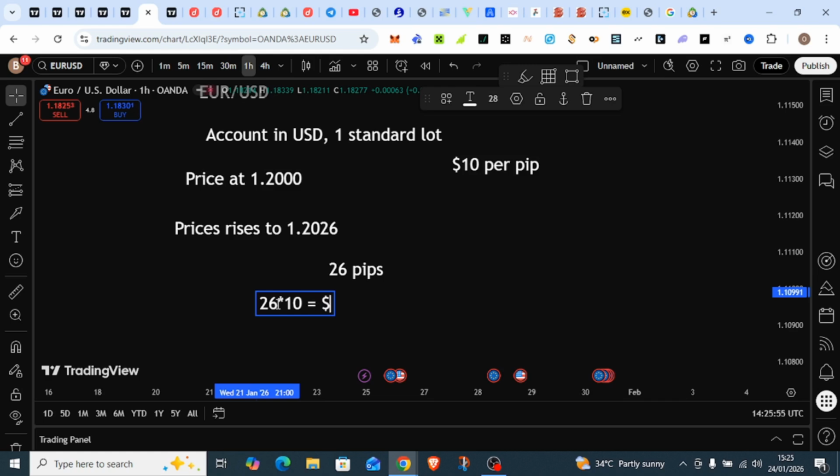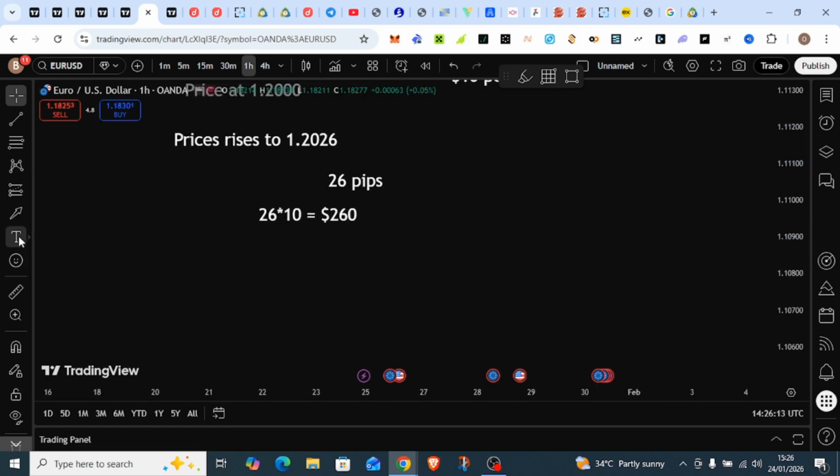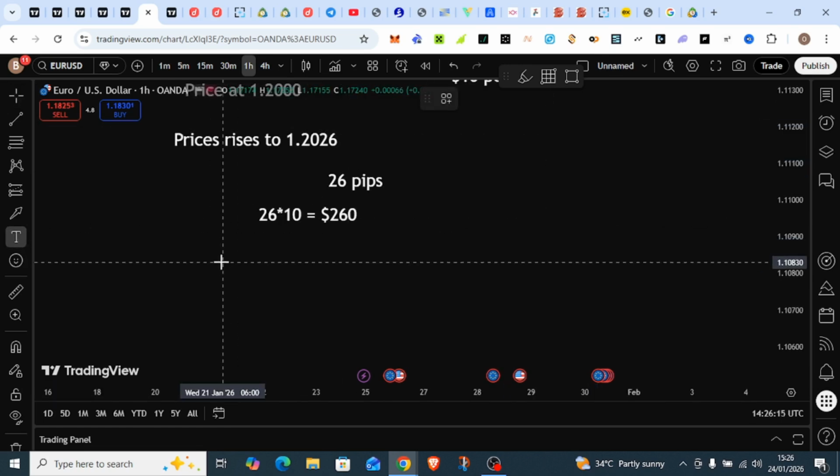And I would like to do an example using USD JPY so that we can understand how it works with the Japanese yen pairs. So let's have USD JPY.